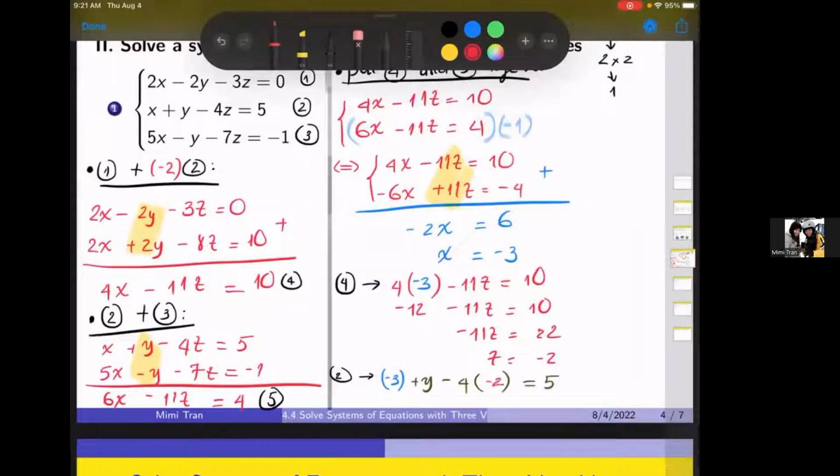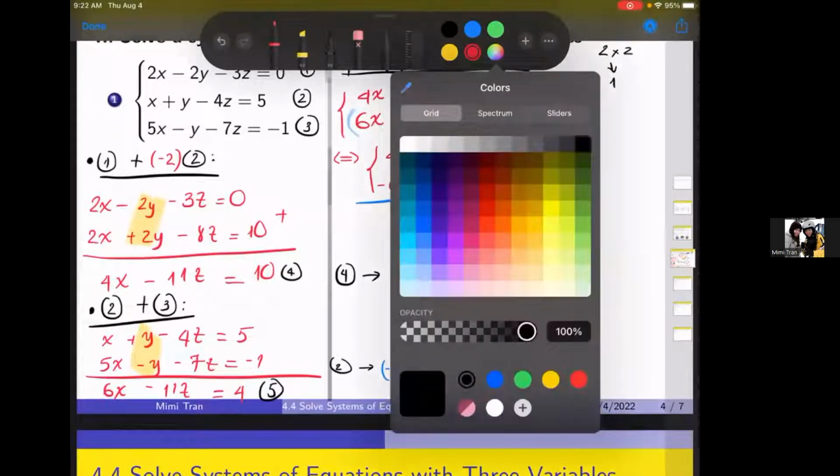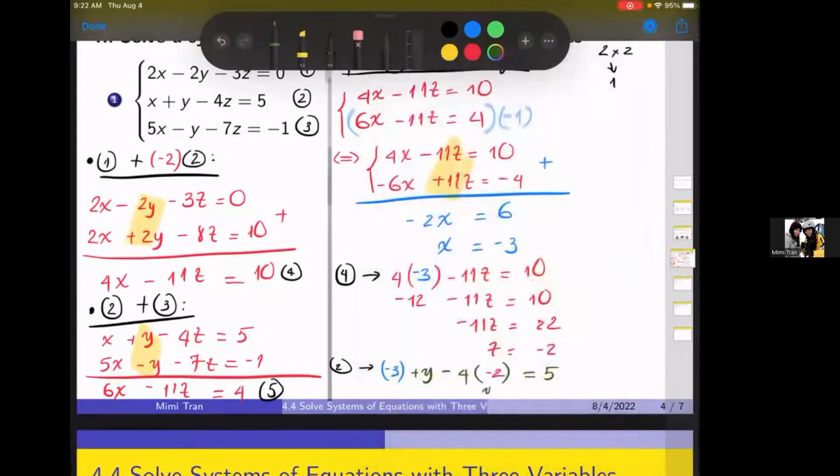It's -2. I don't have space, so I'm just gonna go ahead and solve y for you. -3 positive 8 is positive 5. Oh, y equals 0. Y is 0.